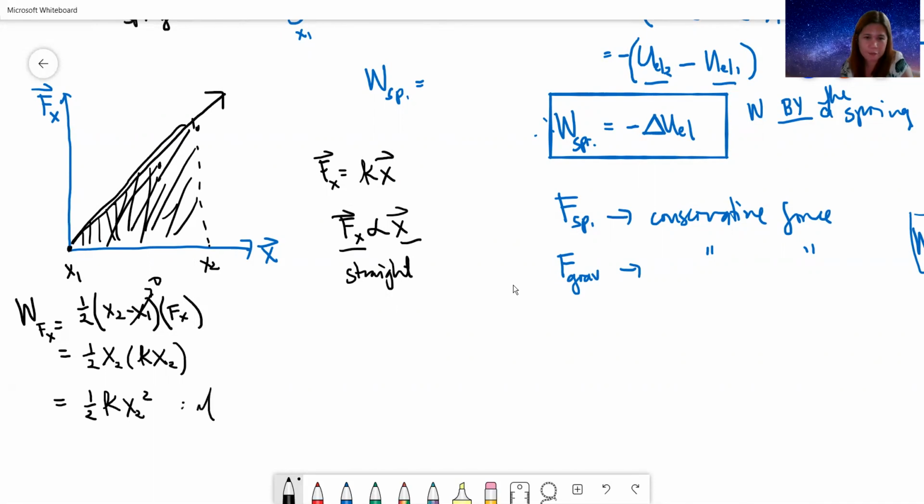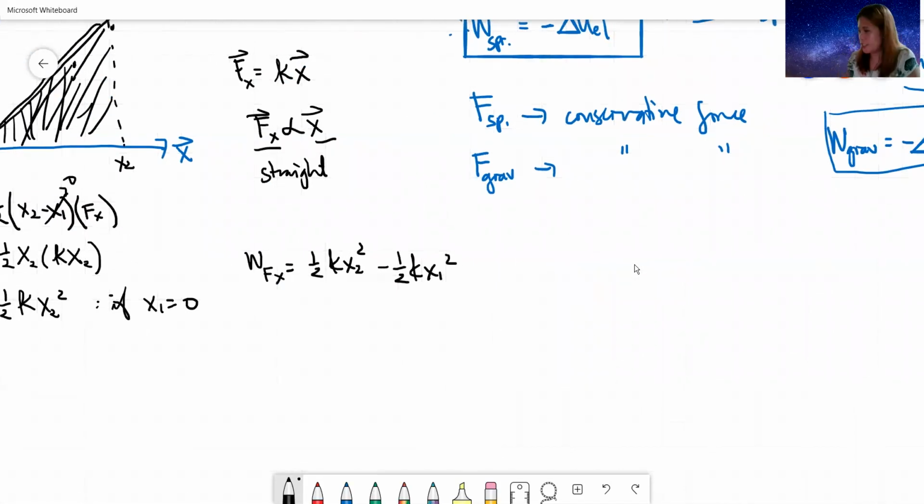This is if my x sub 1 is 0. Pero kung hindi x sub 0, this would still be the work by Fx: 1/2 k x sub 2 squared minus 1/2 k x sub 1 squared. Okay? Something like that. Pero pag si spring force, it's inverse, merong negative dapat, di ba?